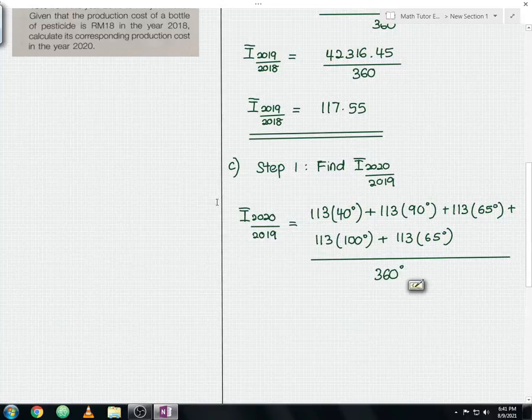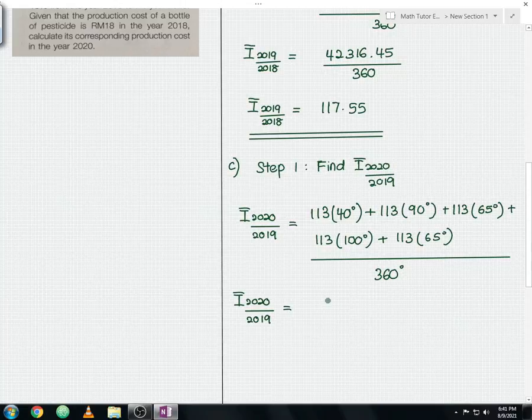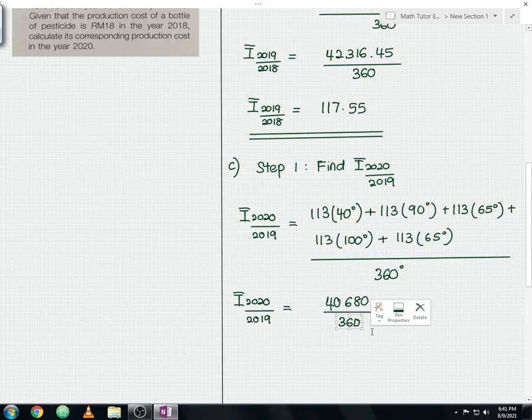So from here you calculate this. You get your numerator as 40,680, and you divide with 360. Okay, so let me underline the fraction. Wait, let me write this properly.